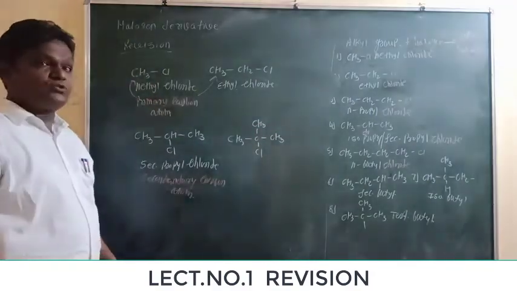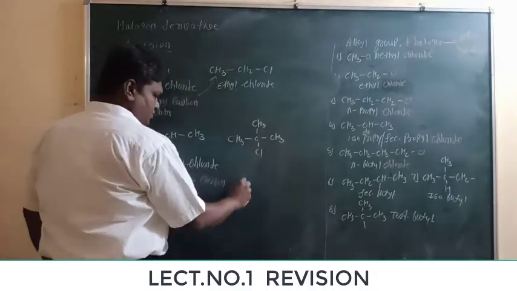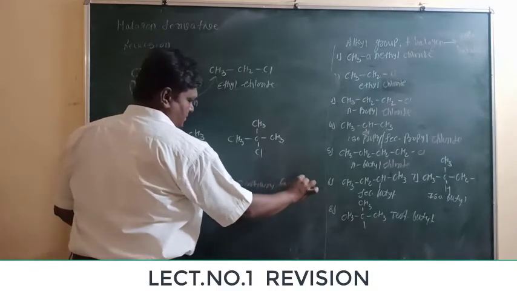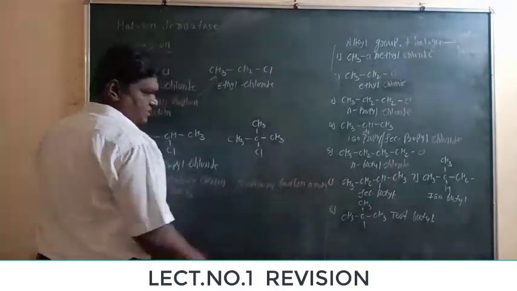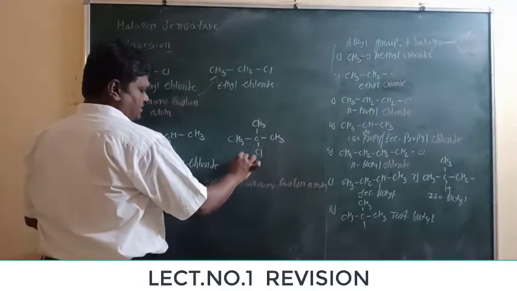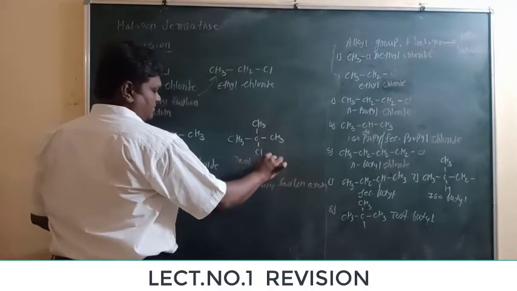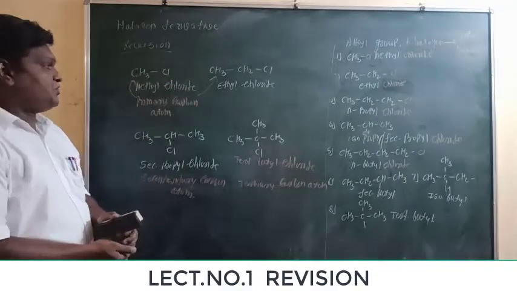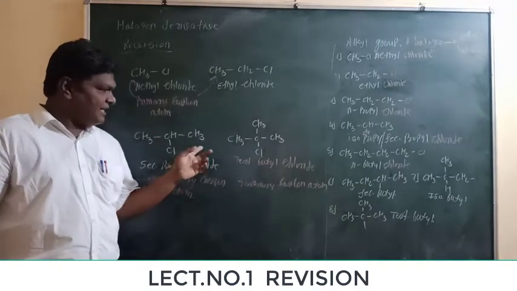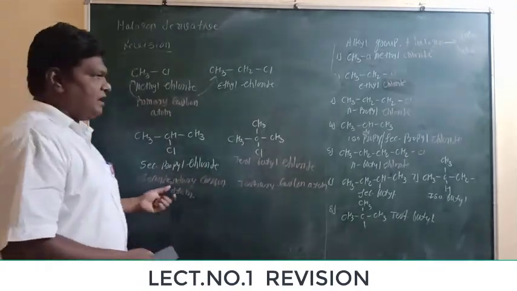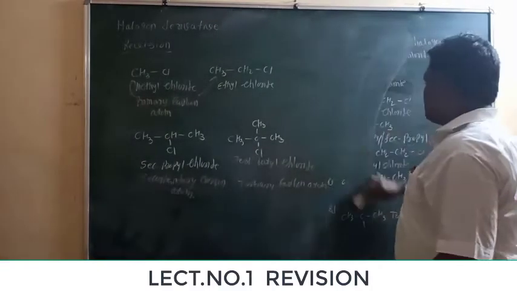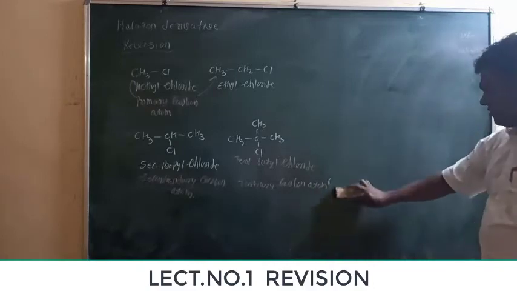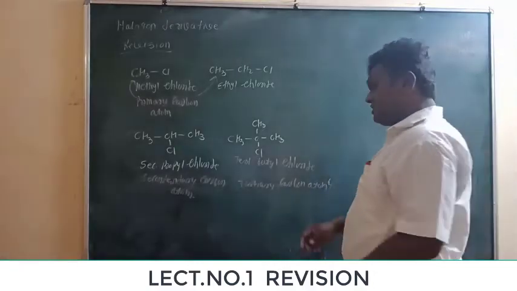Now this carbon atom is attached to three carbon atoms, so we'll say this is called a tertiary carbon atom. And the name of this compound is very simple. This is called tertiary butyl chloride. So we should know which is a primary carbon atom, which is a secondary carbon atom, which is a tertiary carbon atom. You should be able to identify this. We'll see more 2-4 mark questions.